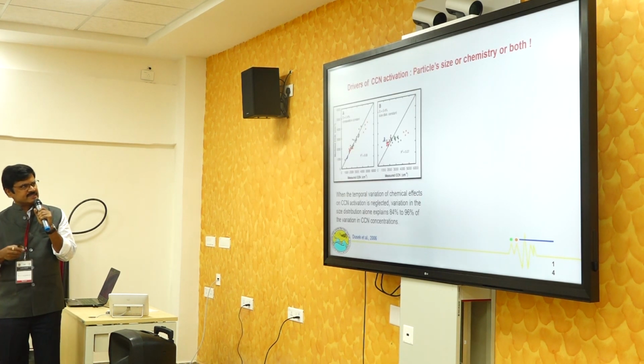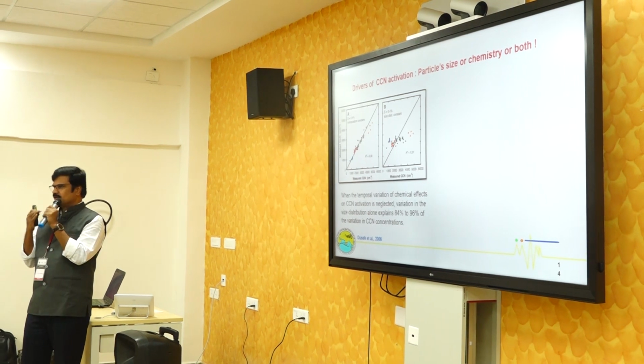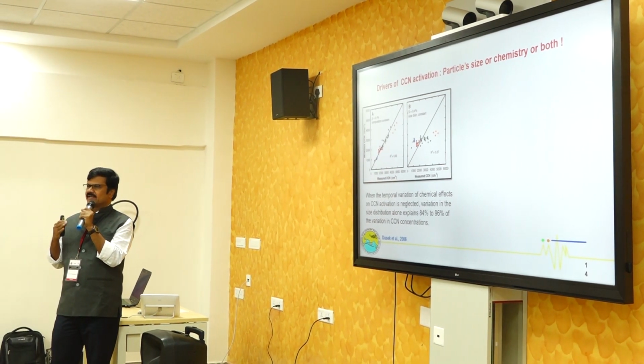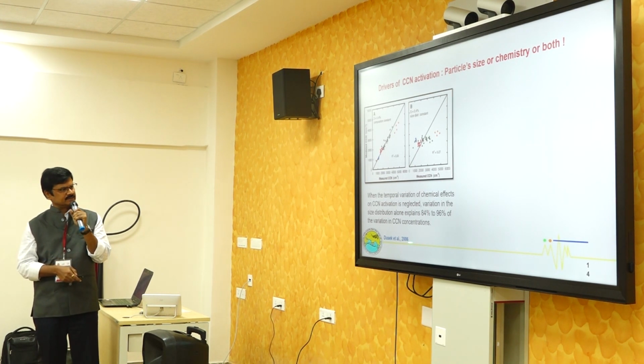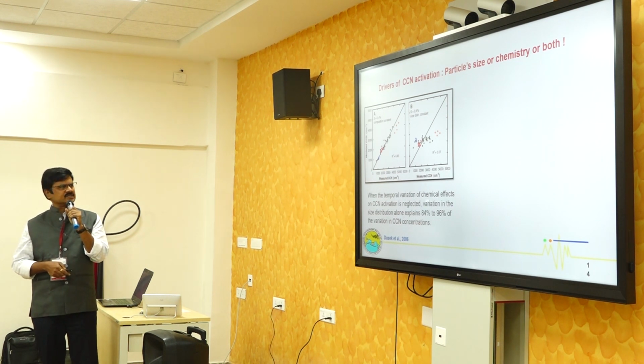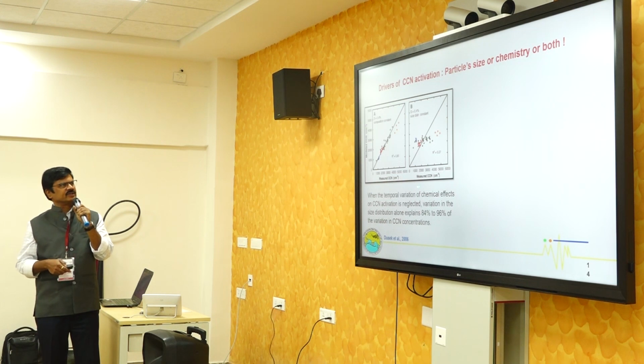And there are studies which said that size matters most as compared to chemical composition. Dusek showed that when the temporal variation of chemical effects on CCN activation is neglected, variation in size distribution alone can explain about 84 to 96% of the variation in CCN concentration.